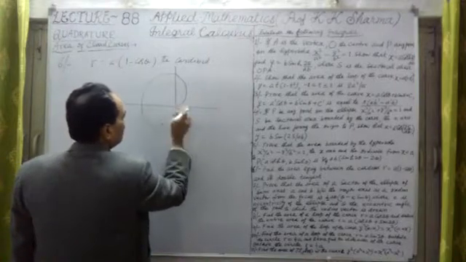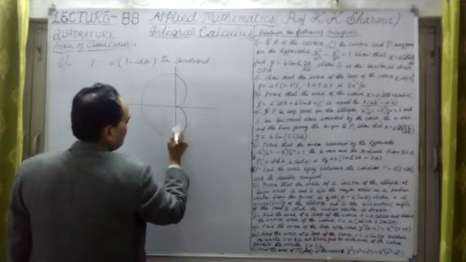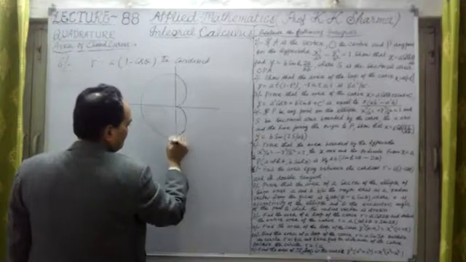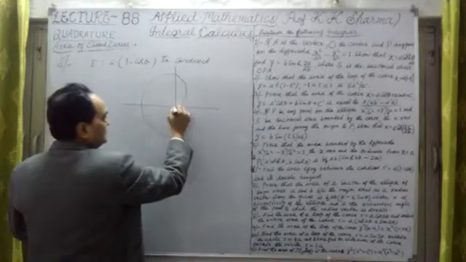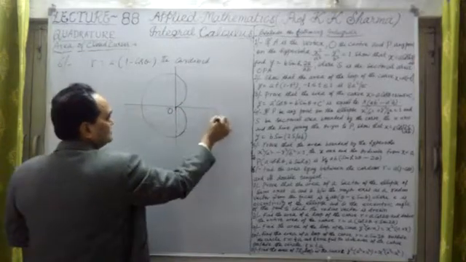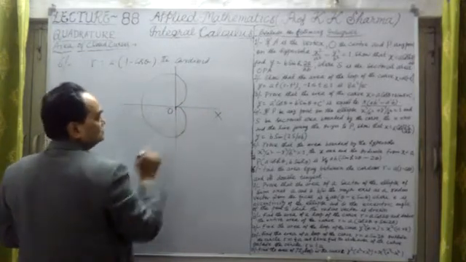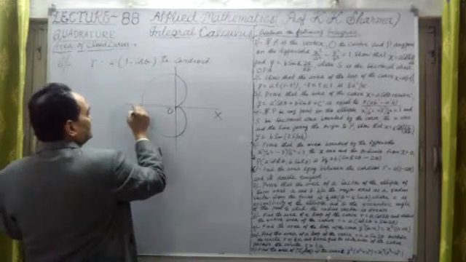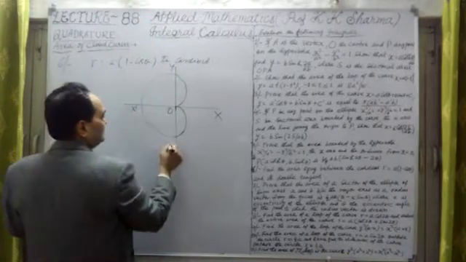Okay, so this is the cardioid here. No problem. This is the O point, this is X, or this is the initial line, the x-axis, and y and y dash axis.